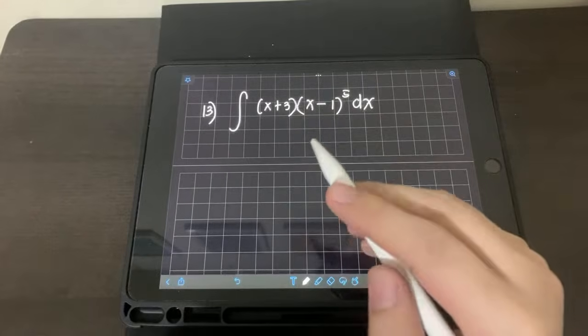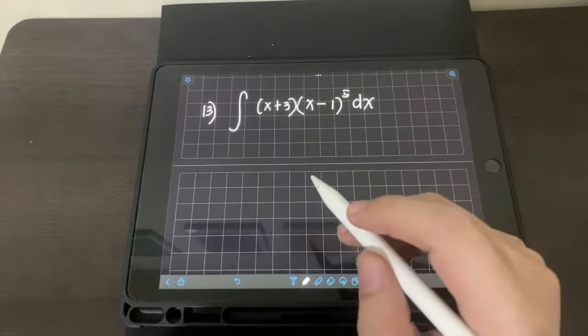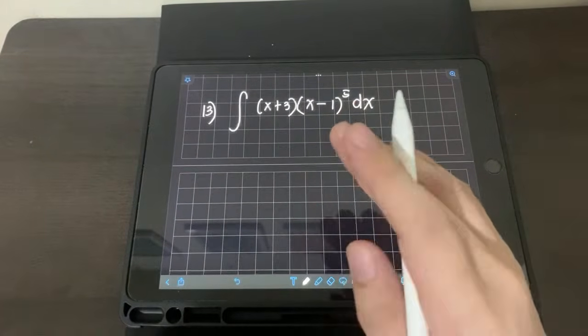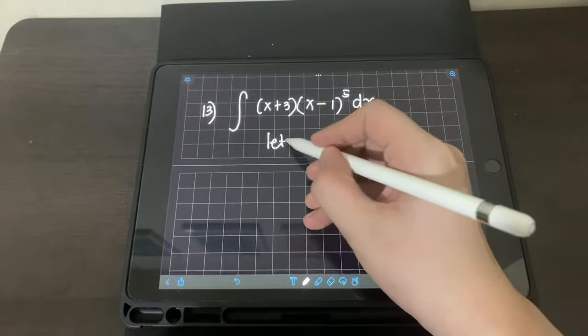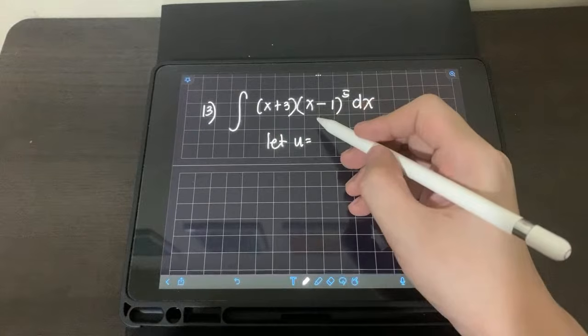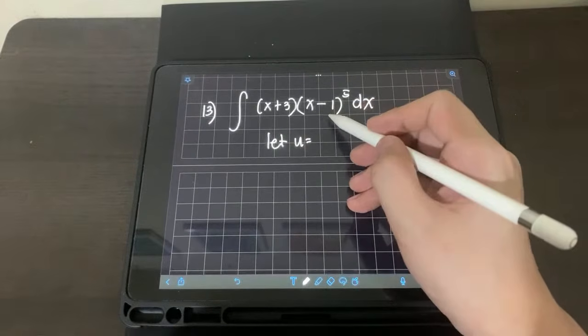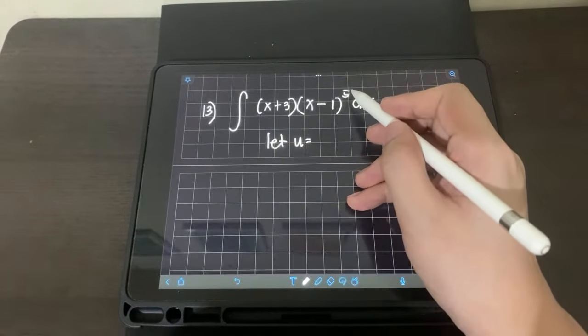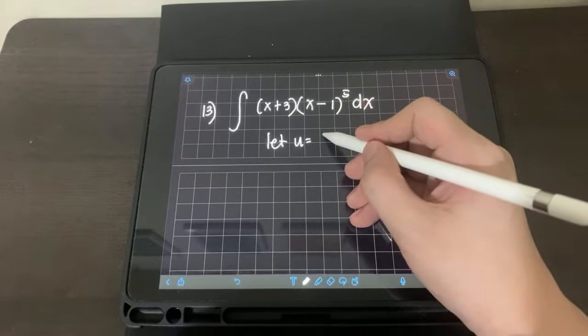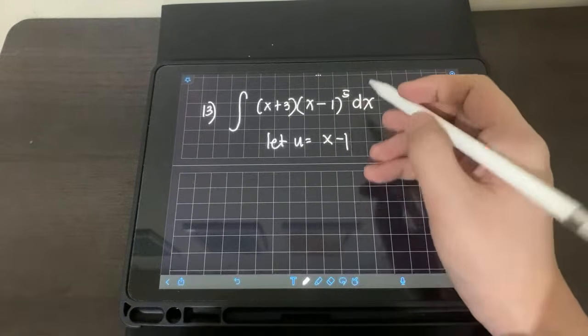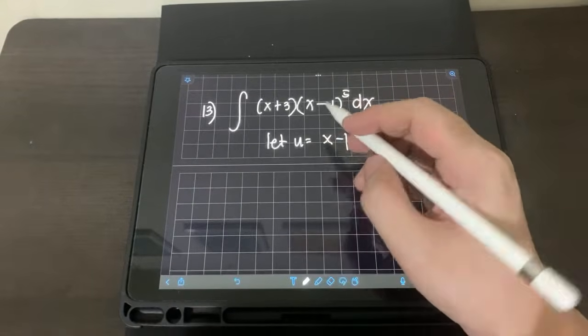So what do you think is the proper u-substitution? So take a look at the more complicated expression. So obviously, it's x minus 1, right? Because it is raised to the 5th power. So if we let u be equal to x minus 1, then get the derivative of both sides.